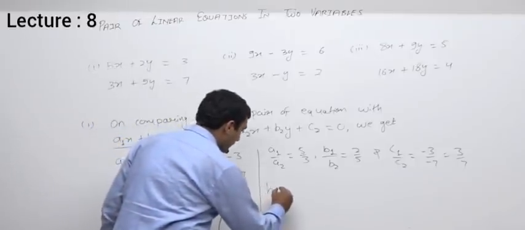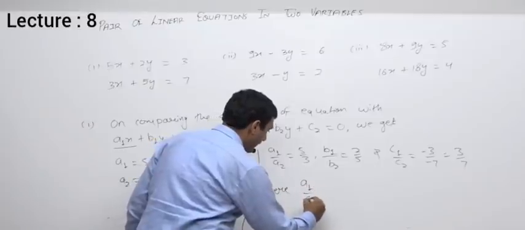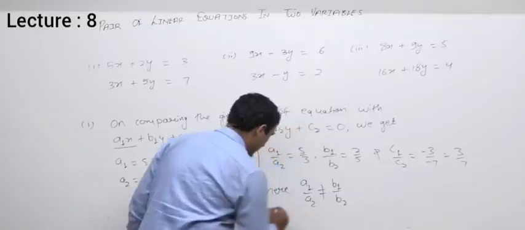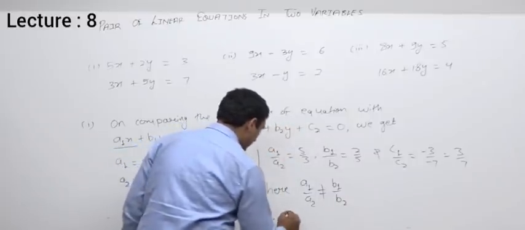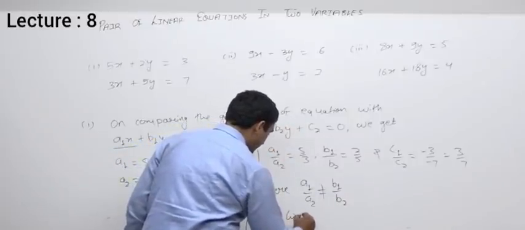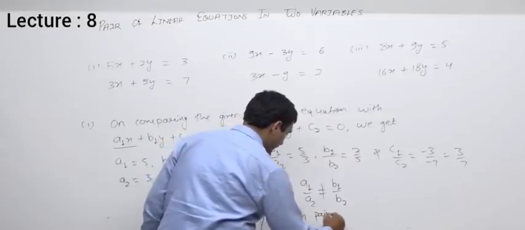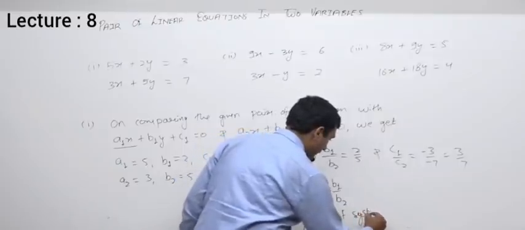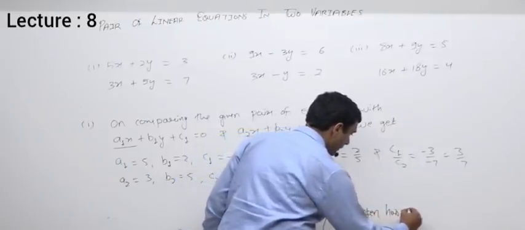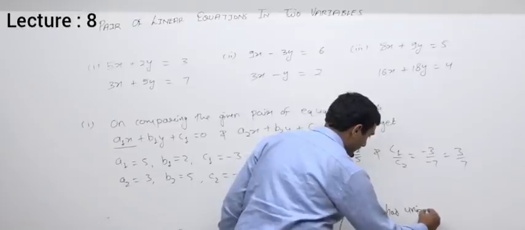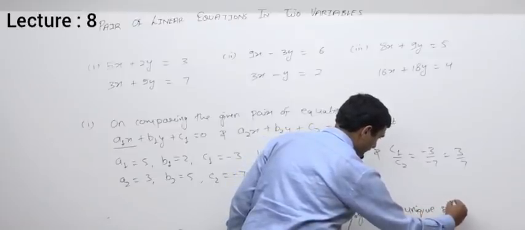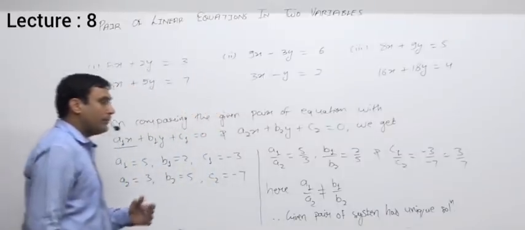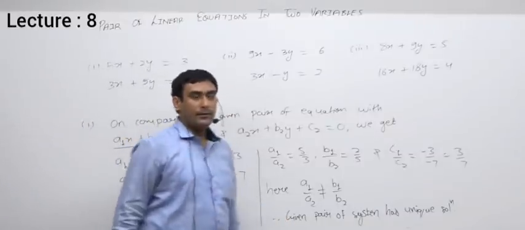So here a1 upon a2 is not equal to b1 upon b2, therefore the given pair of equations has a unique solution, or the given pair of equations represents intersecting lines.